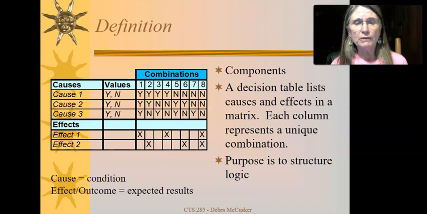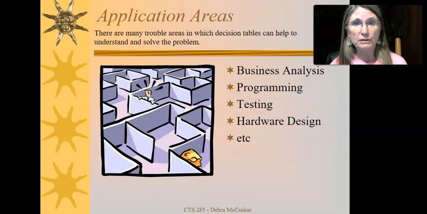Each column along the table represents some unique combination of the causes. And the purpose or use of a decision table is to be robust in structuring the logic in a complex problem statement.